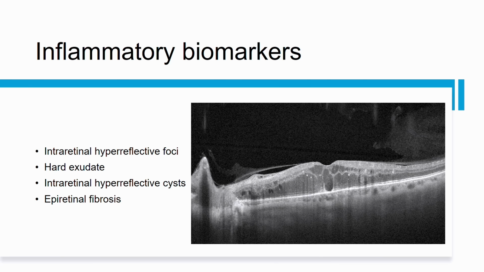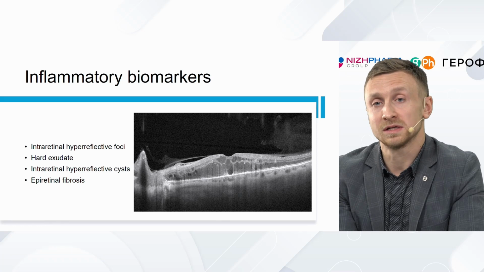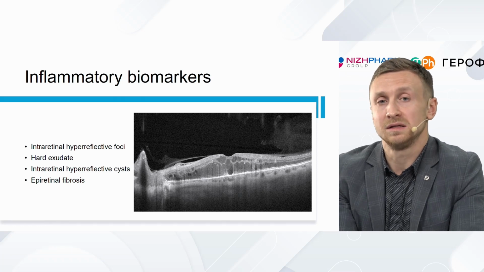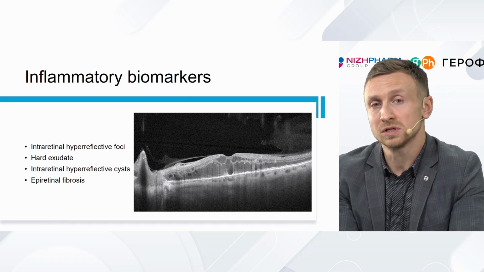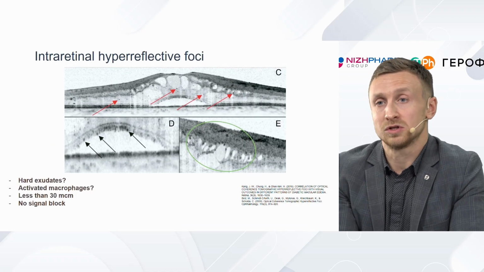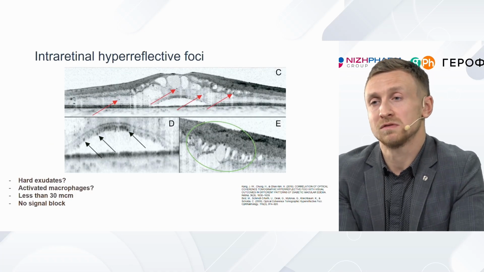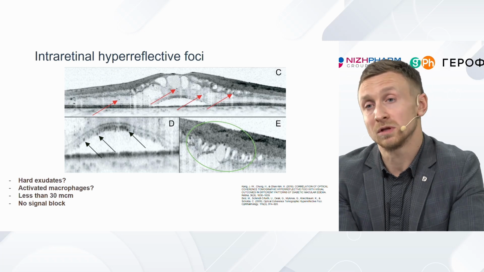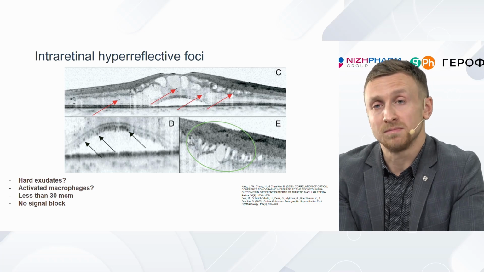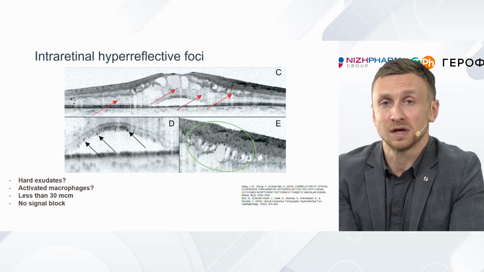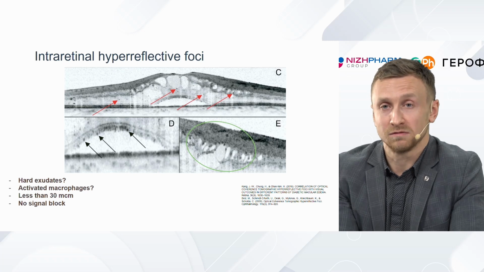Well, speaking about inflammatory biomarkers, important features are intraretinal hyperreflective cysts and epiretinal fibrosis, hard exudates, and intraretinal hyperreflective foci. And they're seen not only in patients with neovascular AMD, but with other pathologies like diabetes or retinal venous occlusions.